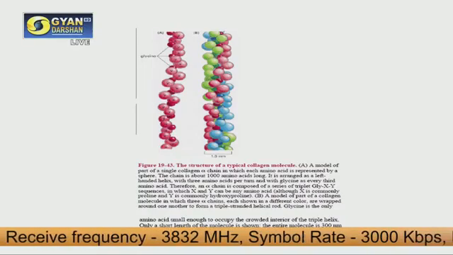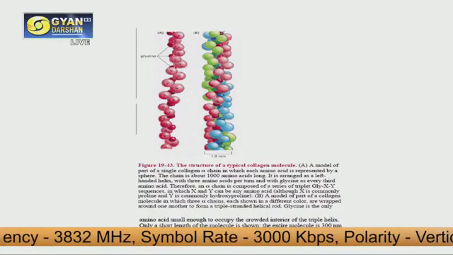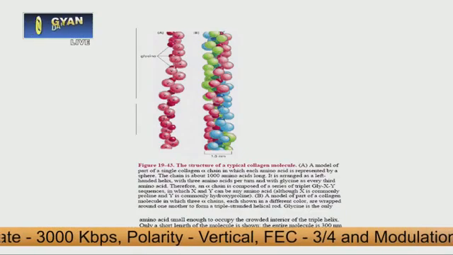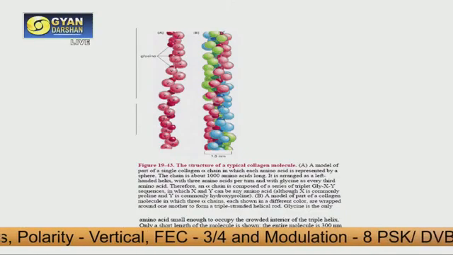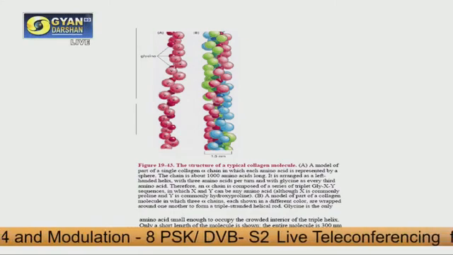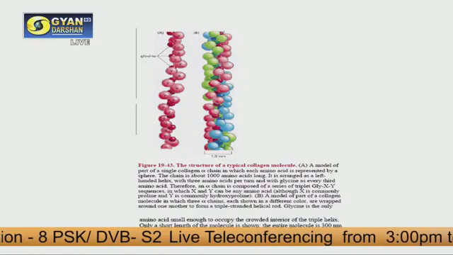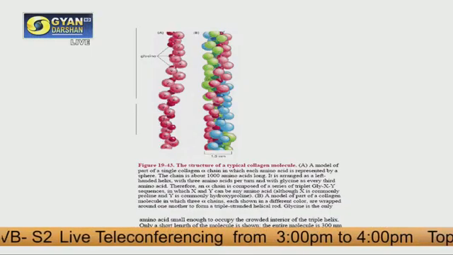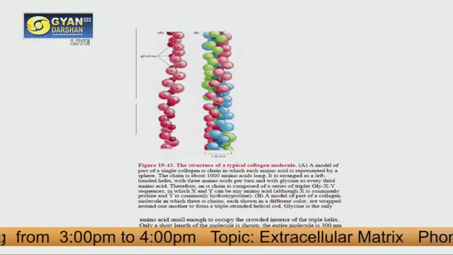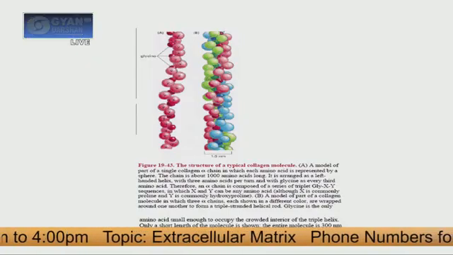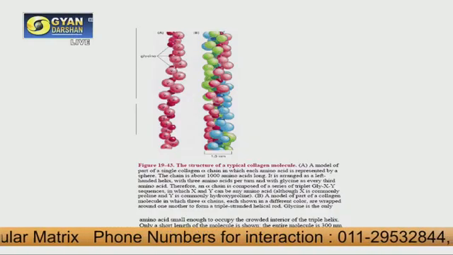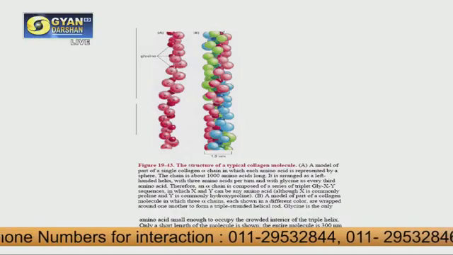Number 2, it is a left-handed helical structure. Very important, left-handed helical structure. 3 amino acids per turn, and glycine is present at every 3rd amino acid position. So every 3rd amino acid of this molecule is a glycine, and you all know that glycine is the simplest amino acid.